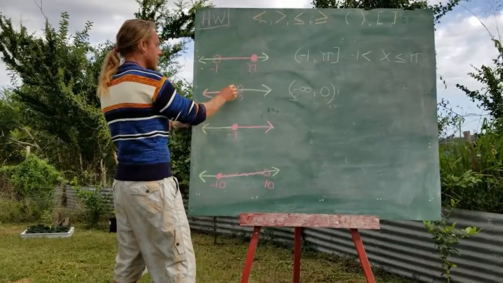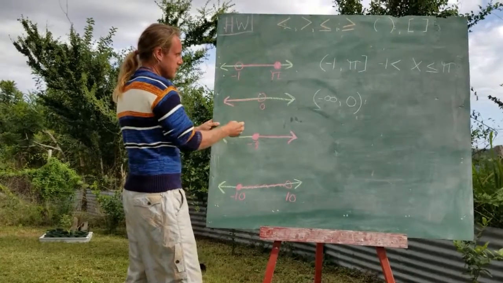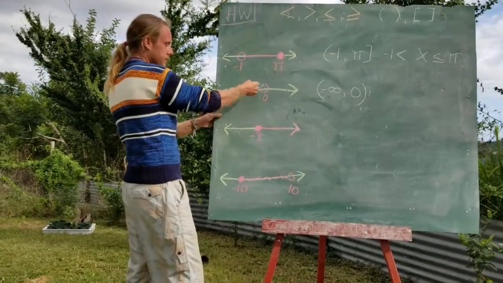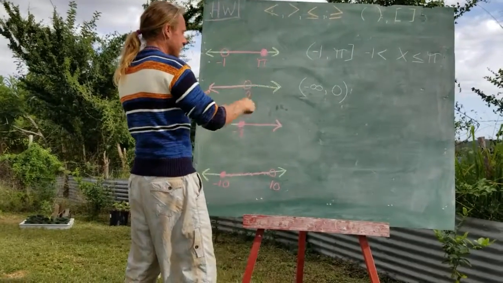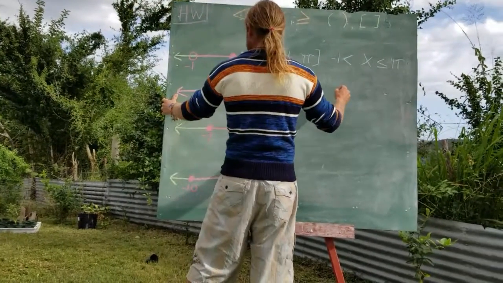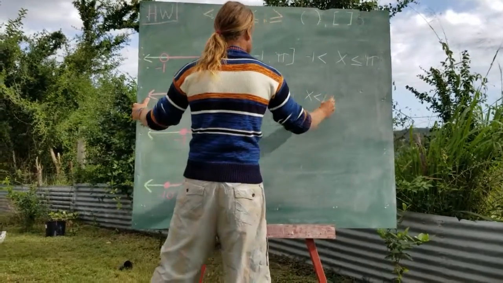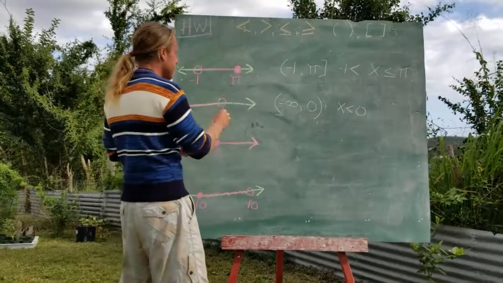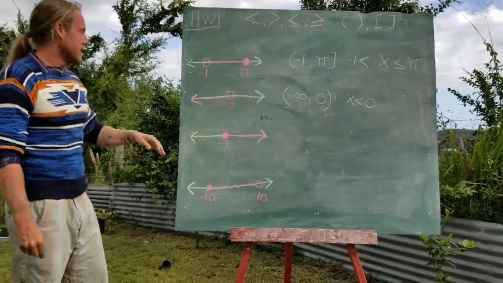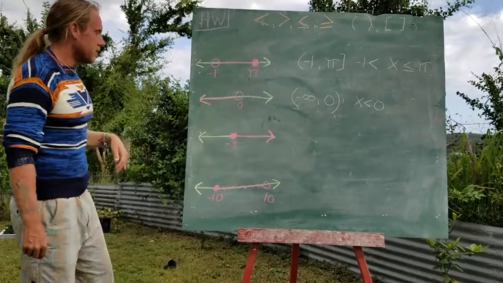Any arbitrary element x in the red will be, with respect to 0, less than, so we can say that x is less than 0, or we could say 0 is greater than x. And again, not equal to, because we are not including 0 on this. So any x you choose will be less than 0.